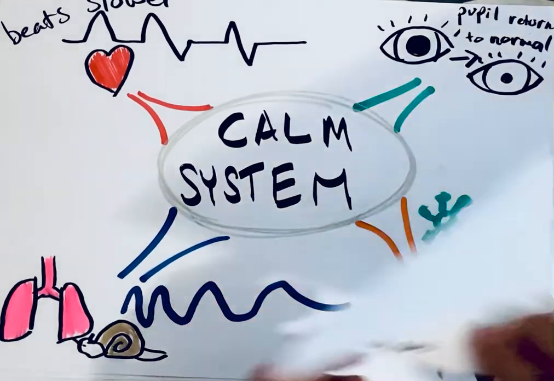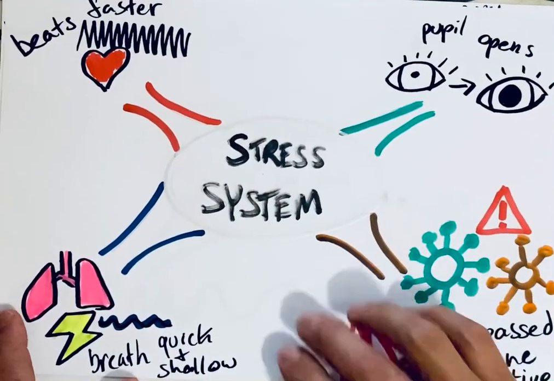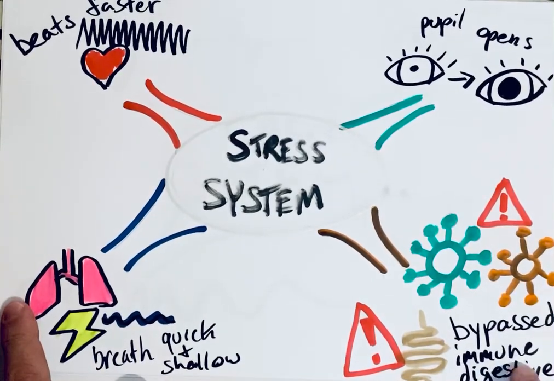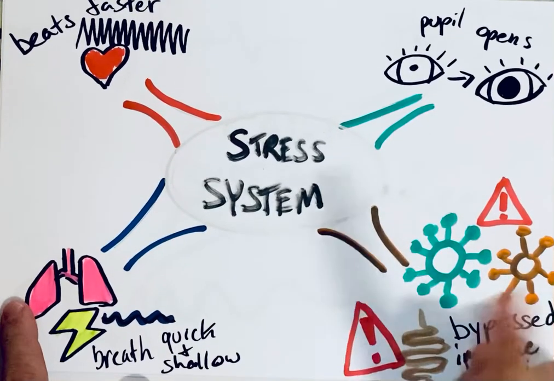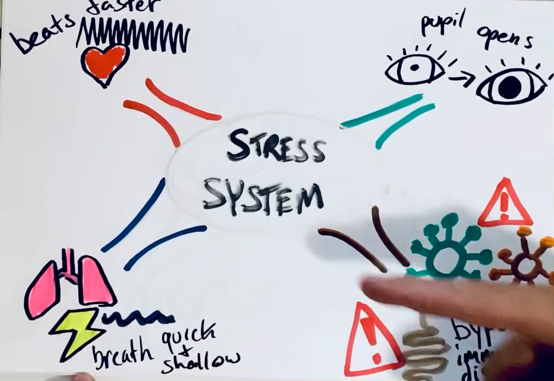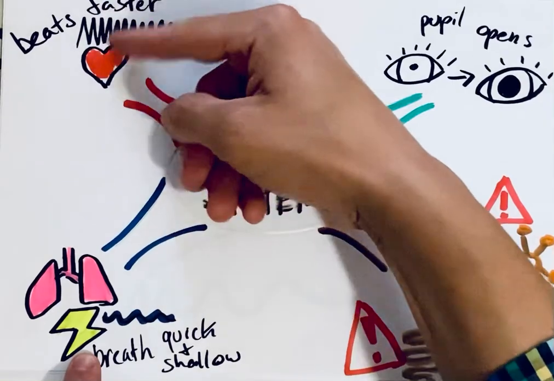Whereas the stress system, our pupils open, our immune system and our digestive system are bypassed, which means they're not working. Our breath becomes quick and shallow, and our heart beats very fast.